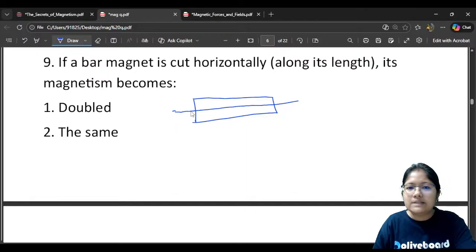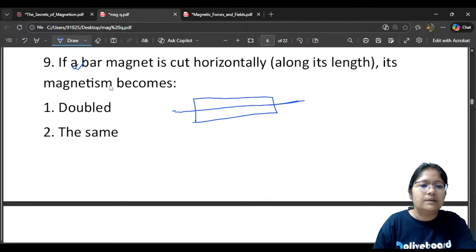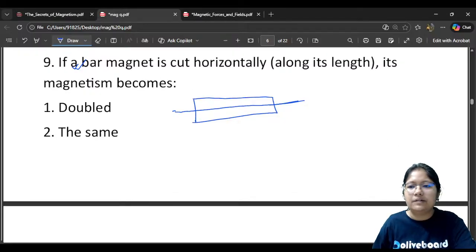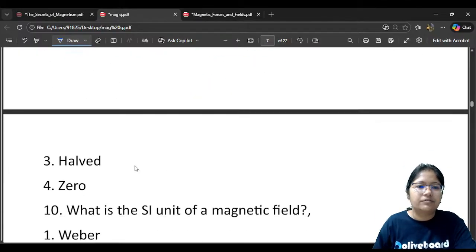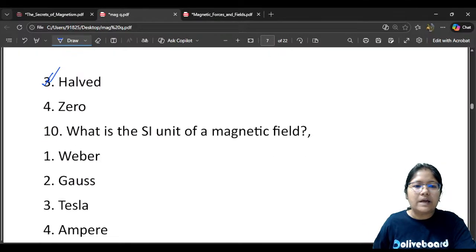You are cutting it horizontally along its length into half. So what will happen to its magnetism? It will be halved. This option did not come, but it will be half.